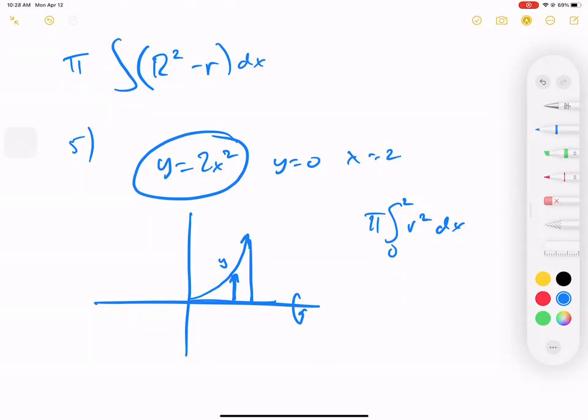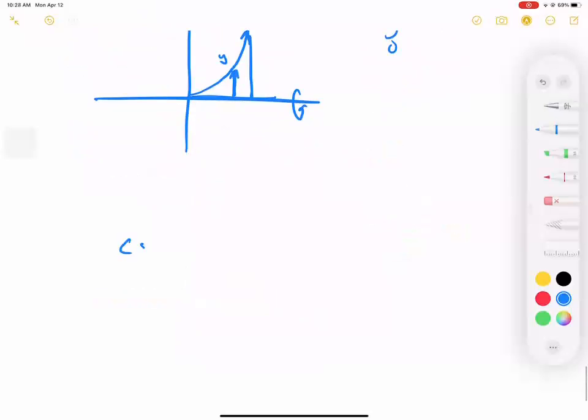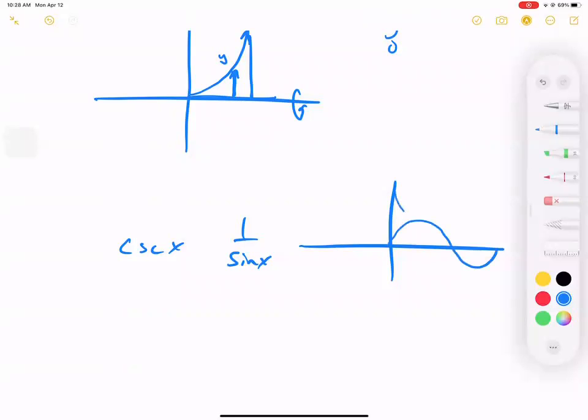If you can't put cosecant on your calculator, remember cosecant is 1 over sine, so you would write 1 over sine. Or you would remember that cosecant graphs are the reciprocal of sine graphs. And that's a straight cosecant graph. It's not changed in any way.